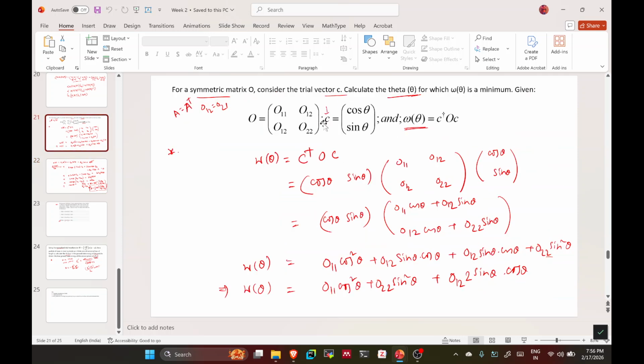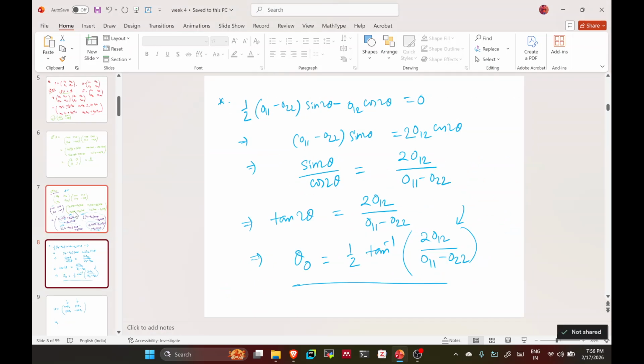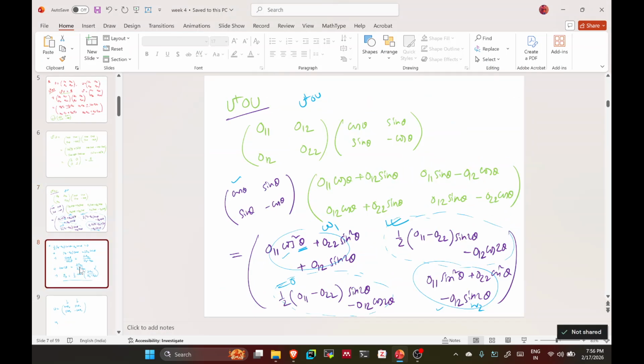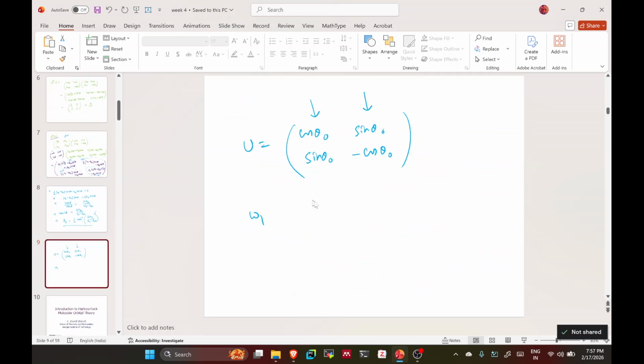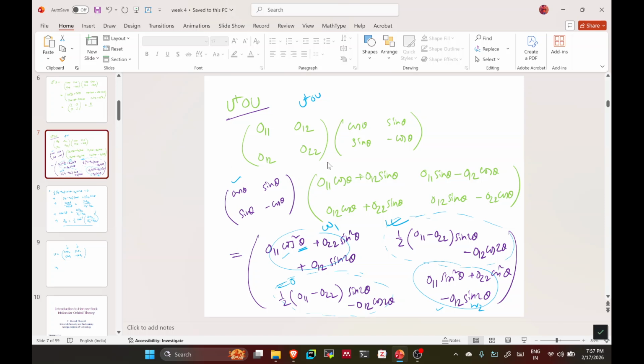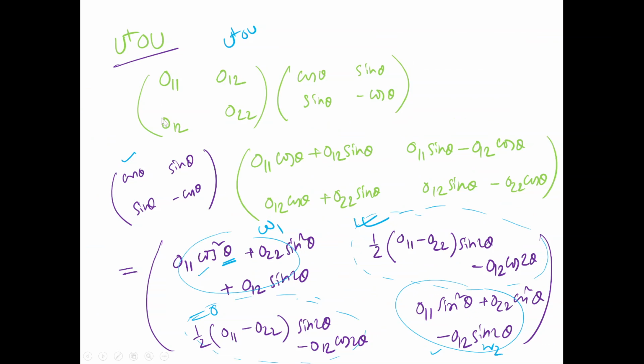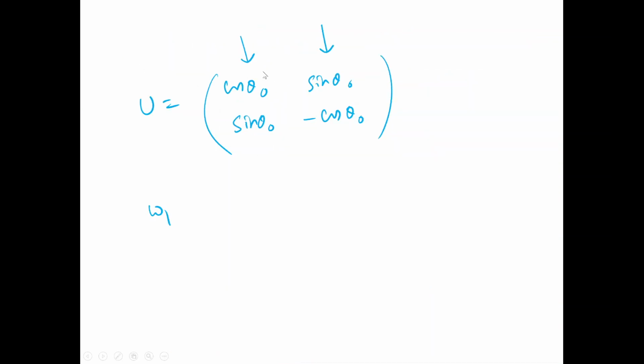You look at this vector, cos theta and sin theta, right? Now this cos theta sin theta is basically one of the eigenvectors of your O matrix. So for this matrix that you have diagonalized, one of the eigenvectors is basically your cos theta 0 and sin theta 0. So there we got the exact eigenvalue.